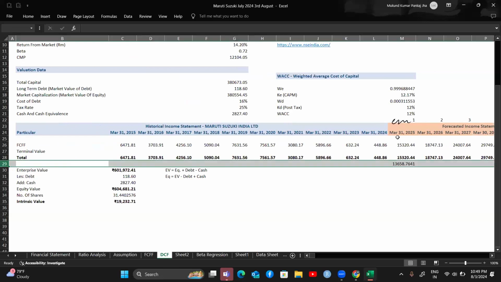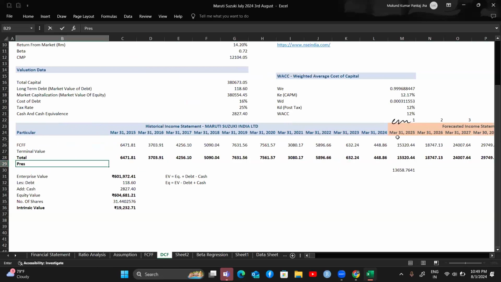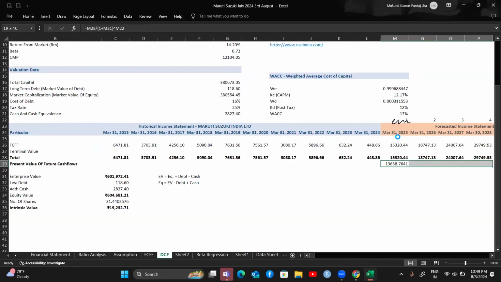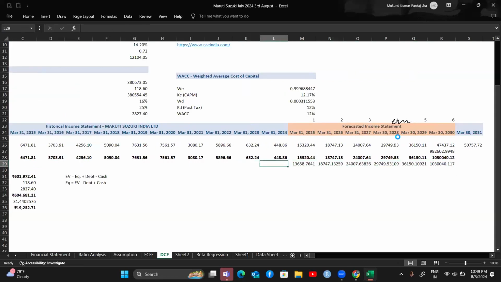We could have named this present value of future cash flows. I will drag this formula for the next 5-6 years, and use the SUM function to add this.